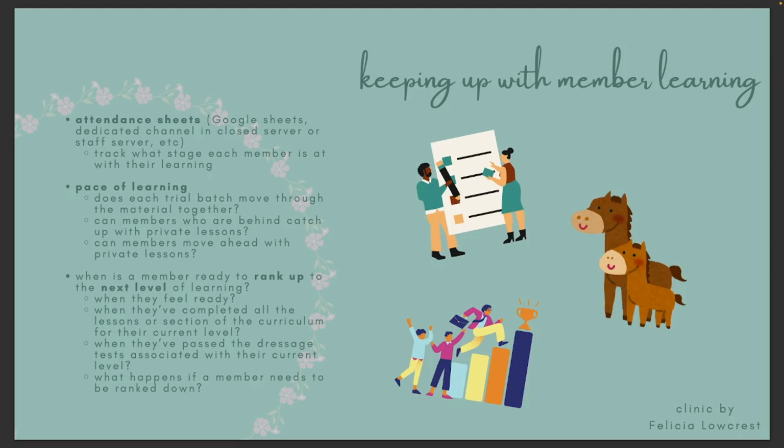Do they need to go back down one rank and redo the core concepts and moves from that rank before they get to move up again? What are the parameters for that?